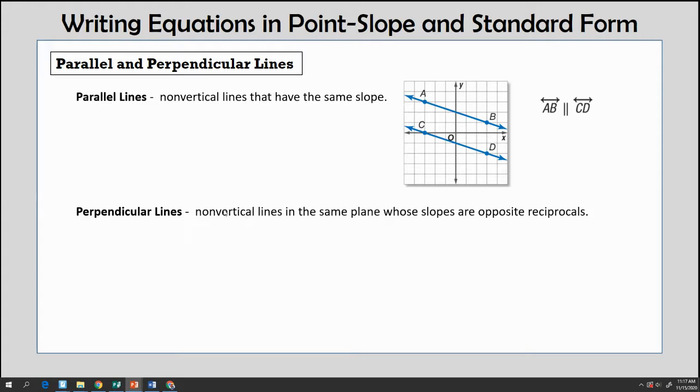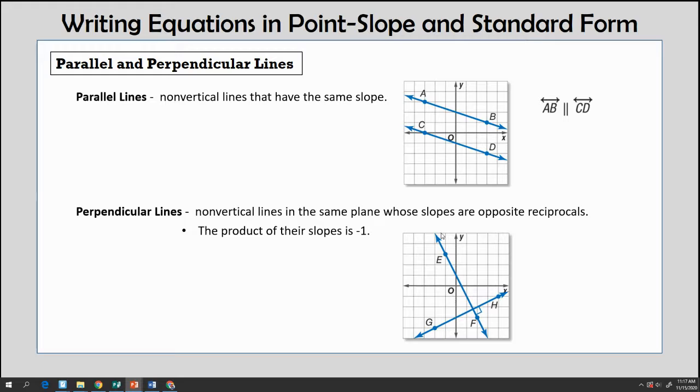Okay. Now, perpendicular lines are lines that intersect, yes, but their intersection is special in that their intersection forms a right angle. Okay. So it's got to be a right angle right here. So when lines are perpendicular to one another, they are going to intersect to form right angles. And what we know about their slopes is they have to be opposite reciprocals.